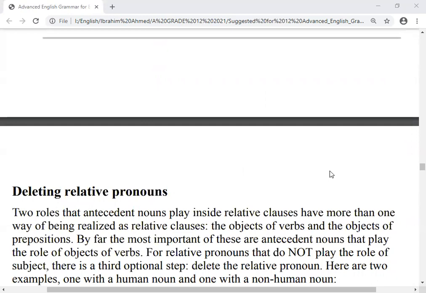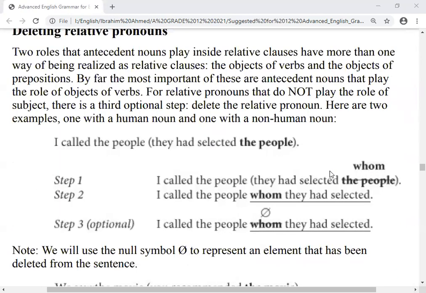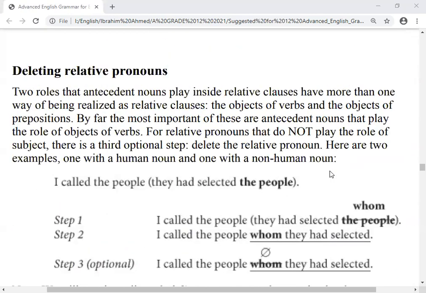Deleting relative pronouns. You know, relative pronouns are deleted sometimes. Let's look quickly at the example. I called the people. They had selected the people. So the phrase the people is repeated, and the people here is the object. So step 1, we replace, as we did above.